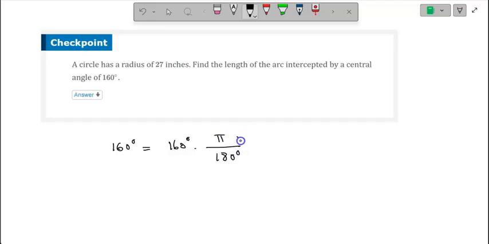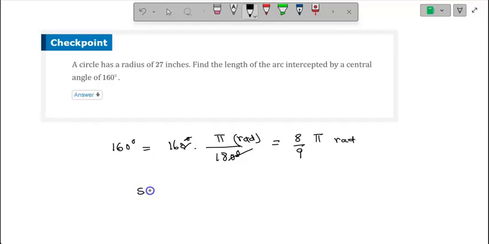So degrees and degrees cancel out, 0 and 0 cancel out. 16 and 18, you can divide them both by 2. So this is going to be 8 over 9 pi in radians, right?